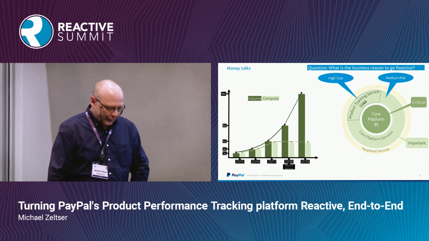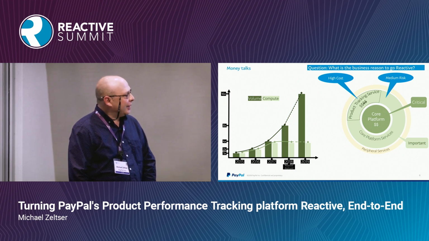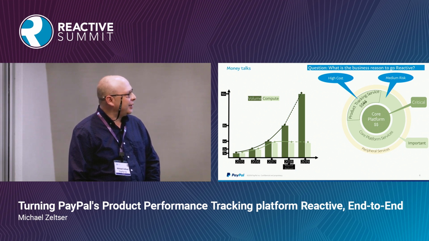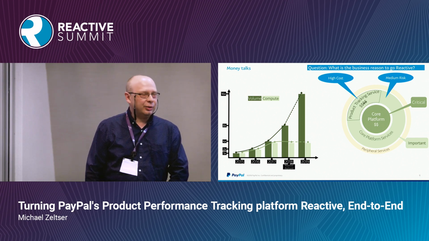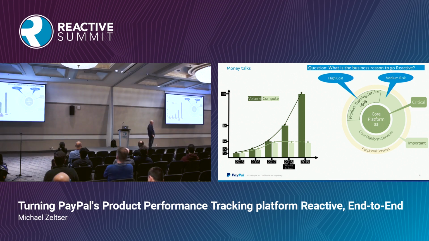So let's talk about risk first, right? The area that my platform sits in is somewhere in this second circle, which is core platform services, which are important systems, but not critical to the point that you cannot take any risk at all.